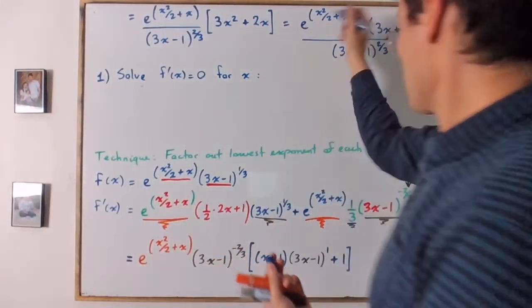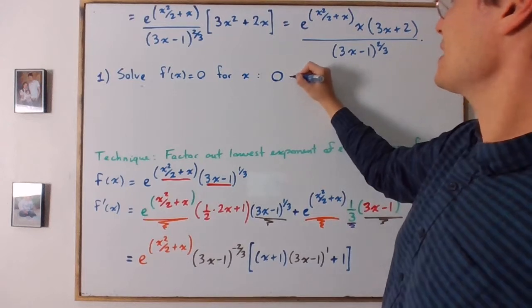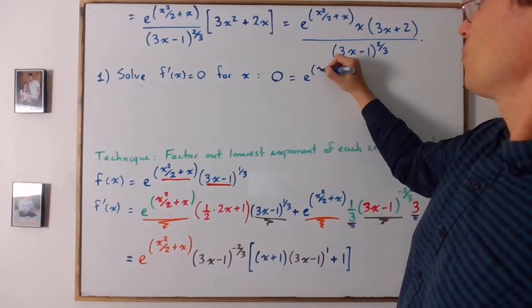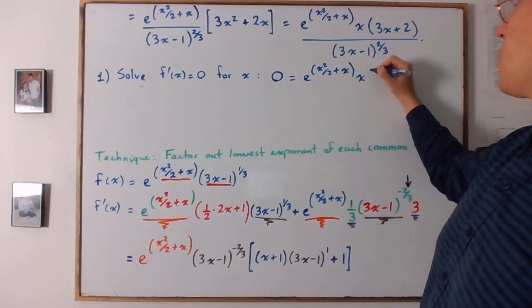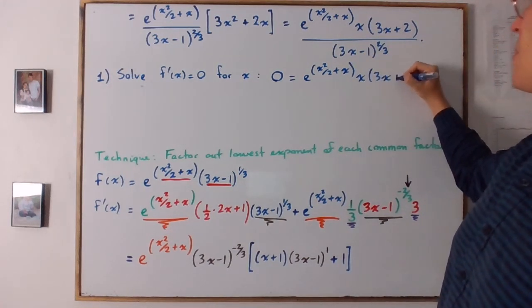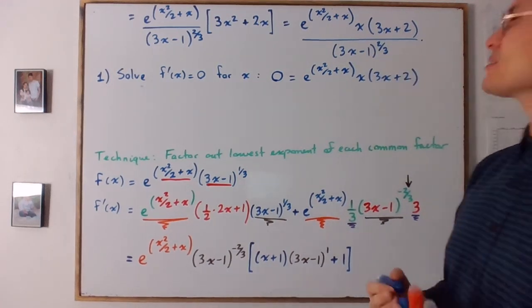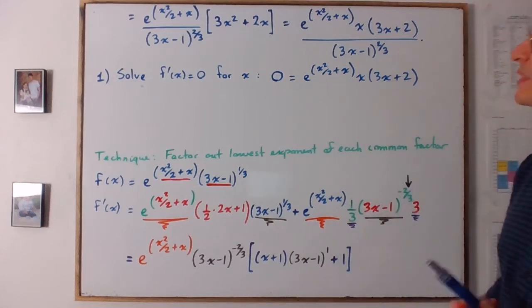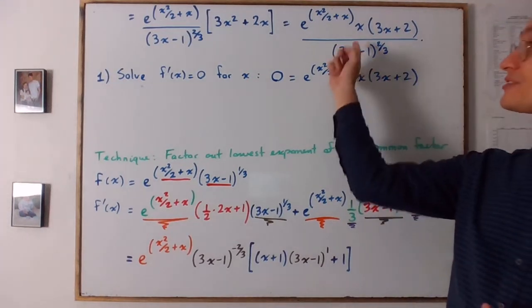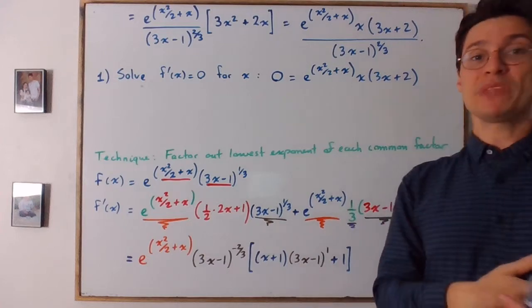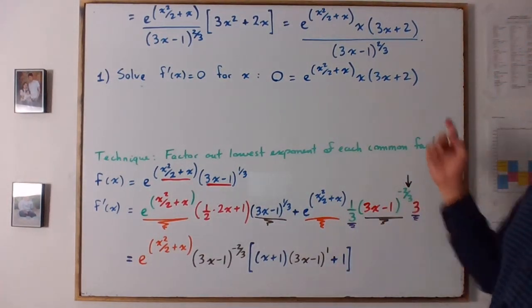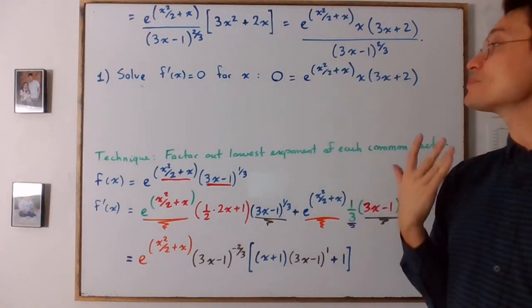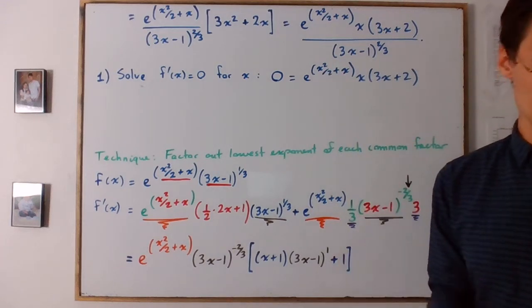In other words, we take this big thing and we set it equal to 0. And actually here, just to save a little bit of time, note that the denominator of a fraction can never make the fraction 0. So overall, you will always set the numerator equal to 0.